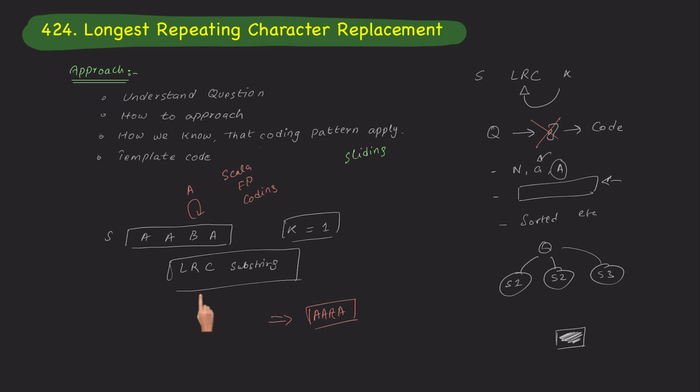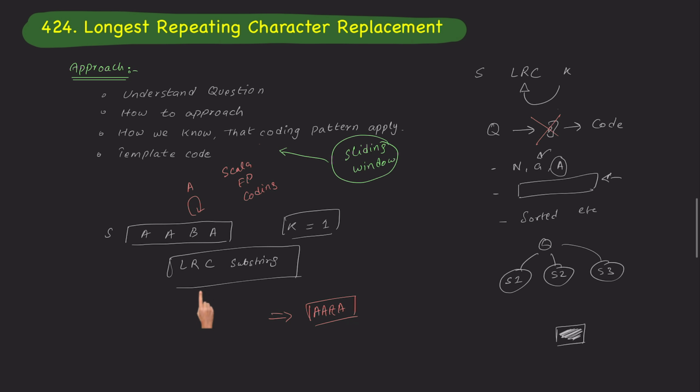Now, how do we come to know that we have to apply sliding window, and then we will look at how we have to apply the template, and finally we'll go for the code. So let's see how we come to know that the sliding window coding pattern applies. Okay, let's go down. In this question they have provided us a string.